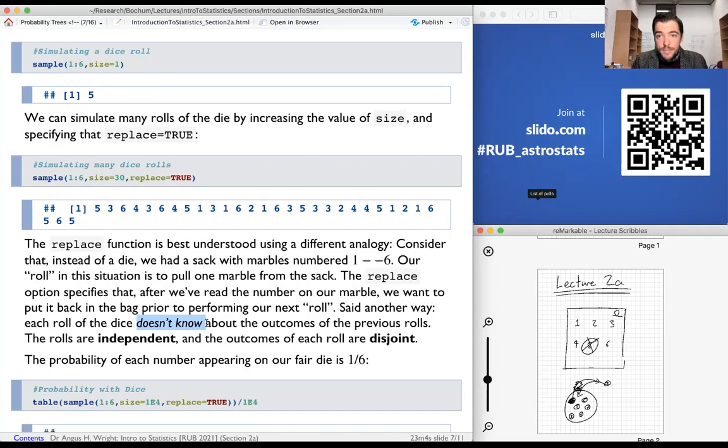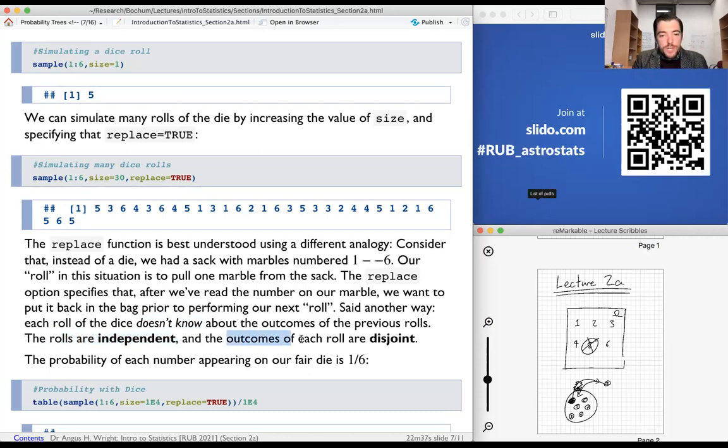And that is an important distinction. It turns out to be very, very important for a lot of probability. If the outcomes of sequential trials don't know about one another, then those are what we call independent trials. Independence is a very, very important thing that we're going to talk about for a little bit now.